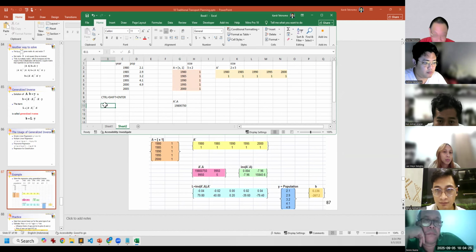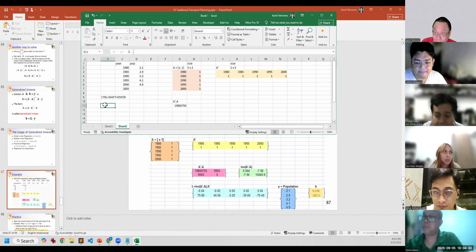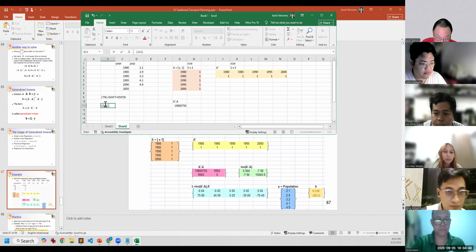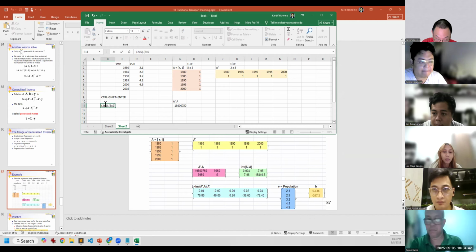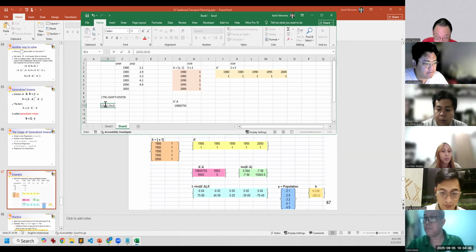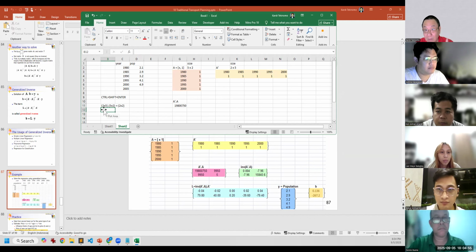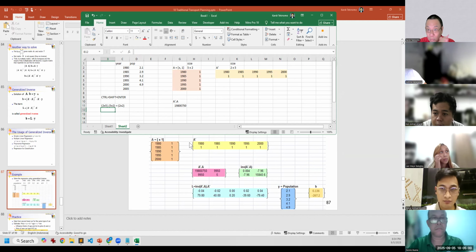So matrix multiplication, you have 2 times 5 multiplied with 5 times 2, and you will get 2 times 2. Yeah. If you want to do matrix multiplication, this is the rule.